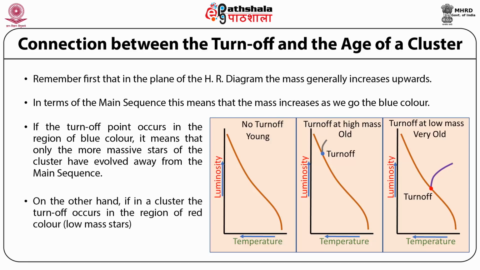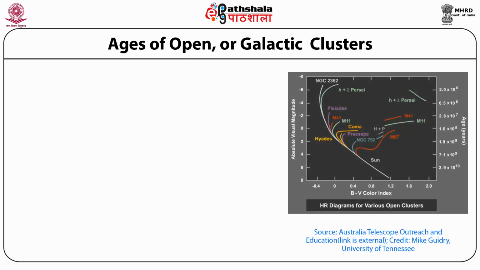On the other hand, if in a cluster the turn-off occurs in the region of red color, low mass stars as shown in this figure, it would mean that the cluster is very old, since even the low mass stars have been able to complete their lifetime on the main sequence and have then headed towards the giant branch.